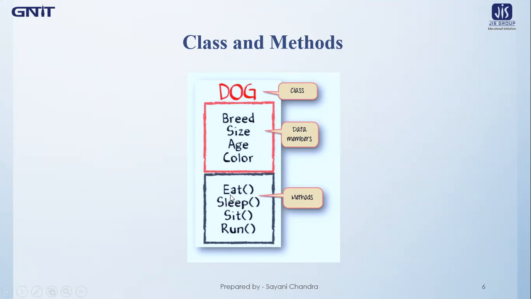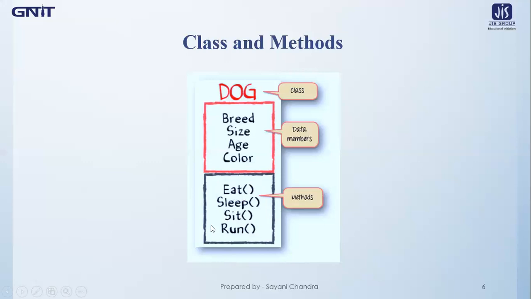Here we can see that there are some functions or methods written which are eat, sleep, sit, run. We can say that each of the dog class objects will have all these properties that are mentioned here. That means every dog object should eat, it should sleep, it should sit, it should run, and so on.